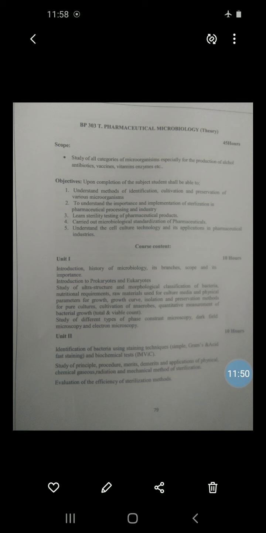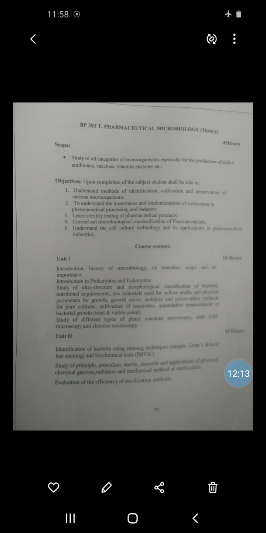Repeating: beta propionolactone is the latest sterilizing agent, it has low vapor pressure, it is liquid at room temperature, it is non-inflammable, and it has less penetration power than ethylene oxide. So it is mainly used for sterilization of operation theaters and aseptic rooms.